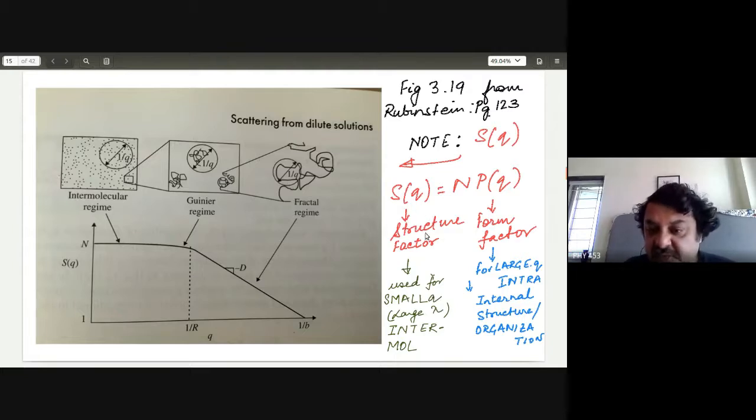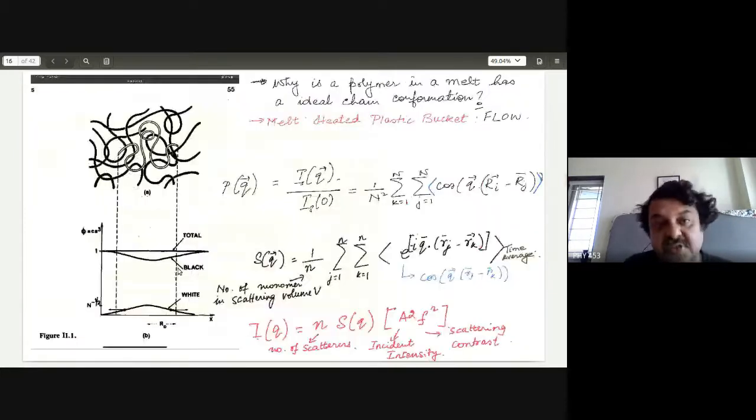So basically, structure factor is the term used for smaller q, which means large wavelengths, where you're looking at intermolecular behavior, whereas form factor is typically used at large q, where you're looking at intra-chain or internal chain characteristics or organization. And for large q, S of q can be written as n P of q. This is figure 3.19 from Rubinstein, page 123, and this was S of q, whereas previously I presented data on P of q.